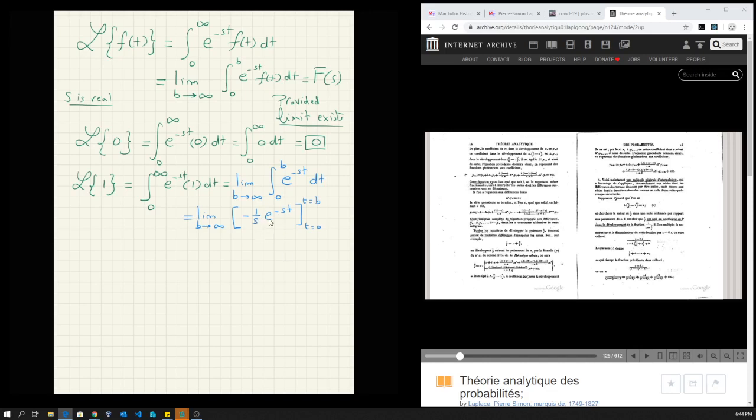Now, how did I come up with this part? Well, I used the fact from calculus that the integral of e to the ax with respect to x is e to the ax, and you have to multiply by 1 over a to compensate for the fact that if I took the derivative of this, a would come out, but I don't have an a here.